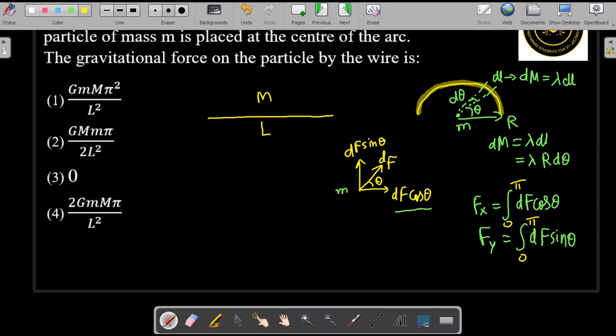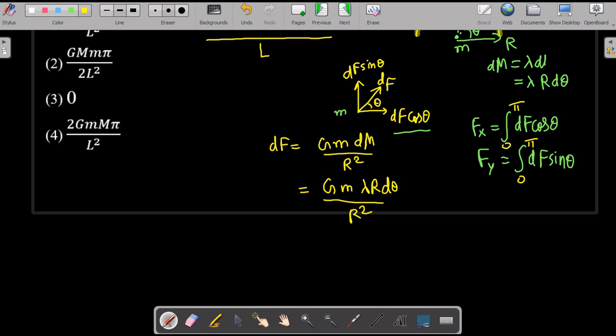When you write, what is this dF first of all? So dF is equal to G m dM by r square. So when you substitute dM, that is lambda r d theta by r square, after you substitute it, one r got cancelled, so G m lambda by r d theta, right?